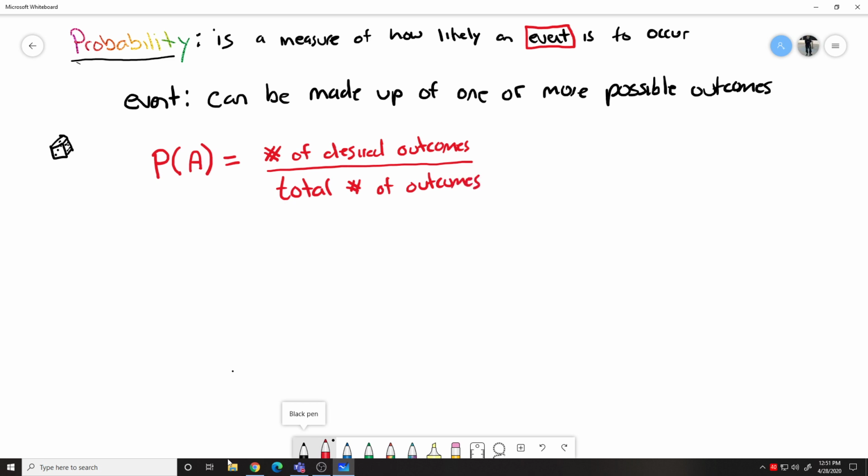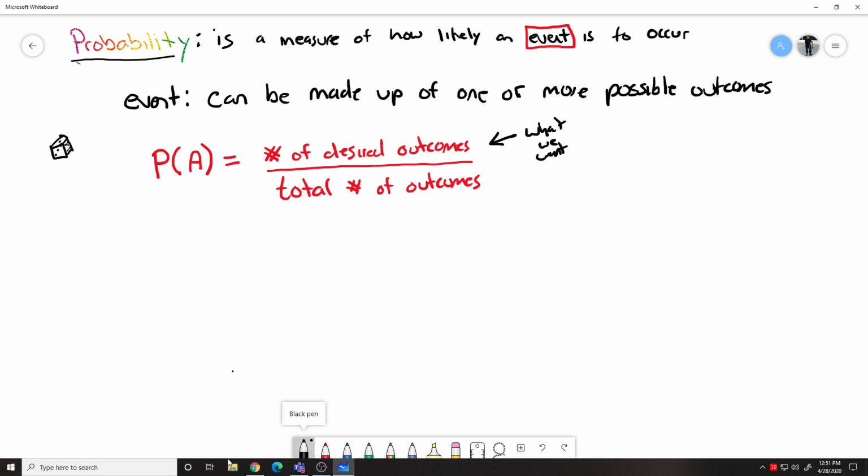Okay, so in the example of rolling the dice, on the top we're going to write what we want. What we want to happen goes on the top of our formula. So if it were a specific number when rolling a dice, well, there's only one number 3 on the dice, so there's only one possible outcome in that case. So we would put a number 1 on the top.